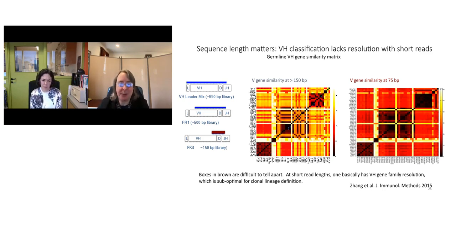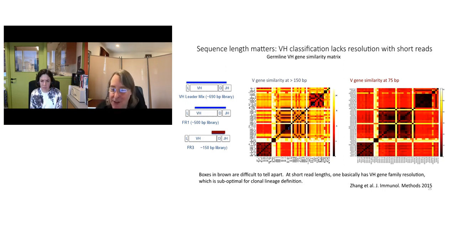But the V gene assignment cannot be accurate if the read length is really short. So if you look at the plot on the right, if you have an amplicon that's 75 bases into the V, you can really only get kind of family level V gene identification out of that. So all those boxes that are in brown are extremely similar to one another.